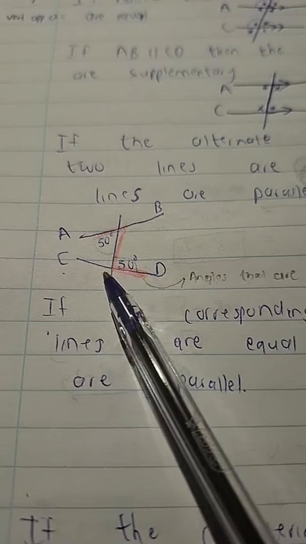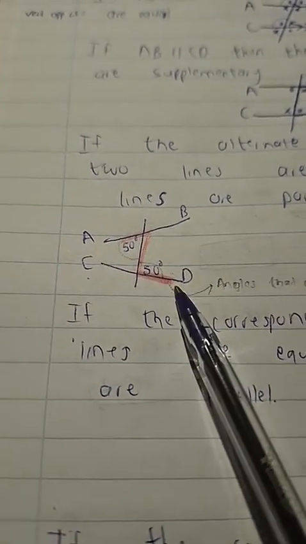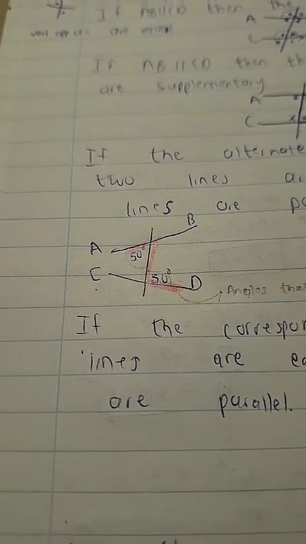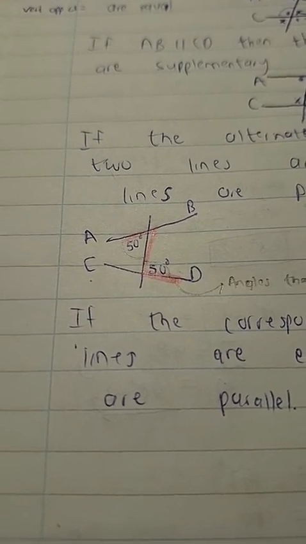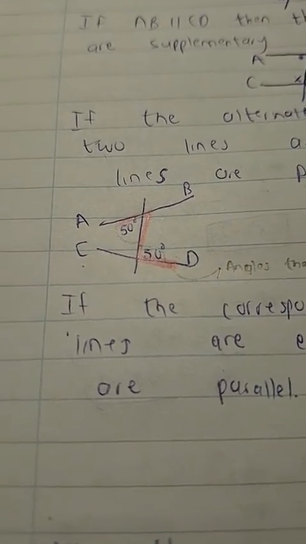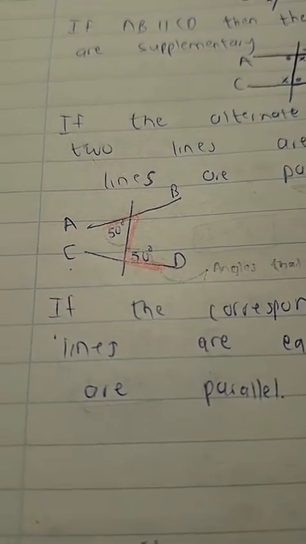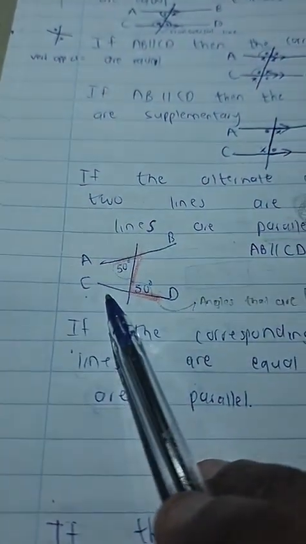So I'm coming back here and I'm asking again, is AB and CD parallel? If you remember, Nita said no, but user 40034 said yes, and his yes was accompanied by the fact that alternate angles are equal. So we would say here that AB is parallel to CD in this scenario.